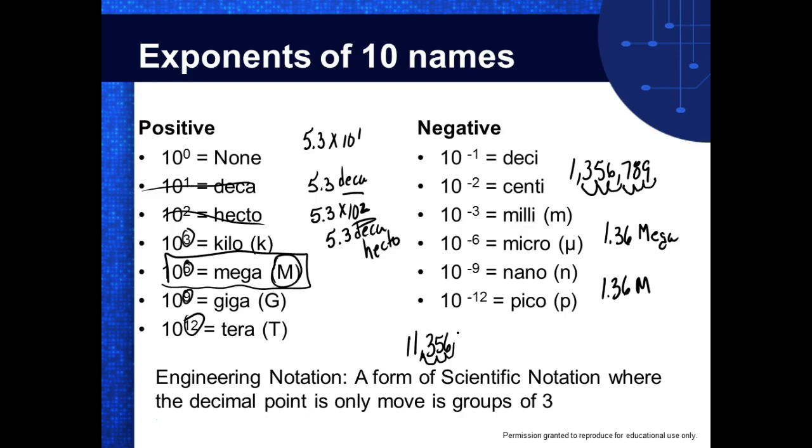I always got to keep whole numbers, or I'm shooting for whole numbers. So here I would type in 11, and how many times did I move it? 3. So I would call this kilo, or a lowercase k. It's supposed to be a lowercase k.